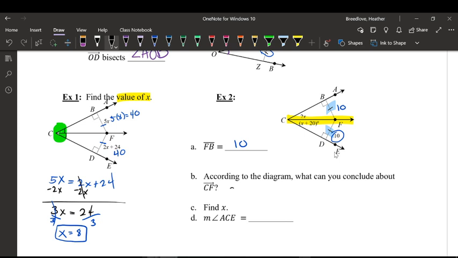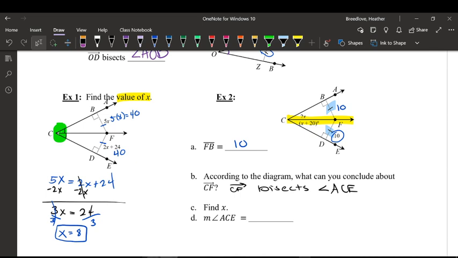So ray CF bisects angle ACE. Because these pieces were marked congruent and we see it goes through the angle C, it bisects angle C. So that's our conclusion, that CF bisects angle ACE, or that CF is an angle bisector of angle ACE.